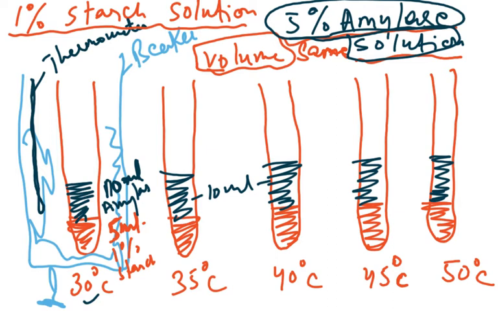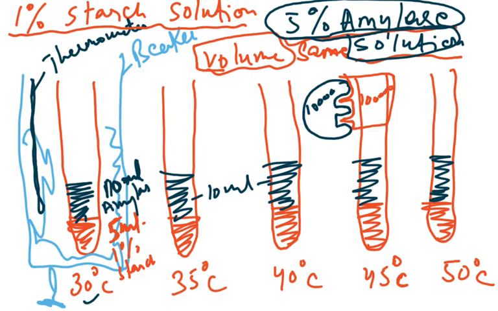Now, why are you doing this? The reason is you're ensuring that, say, there are 10,000 active sites of the enzyme in all of them, and all of them have the same number of starch molecules, which is say 100,000.